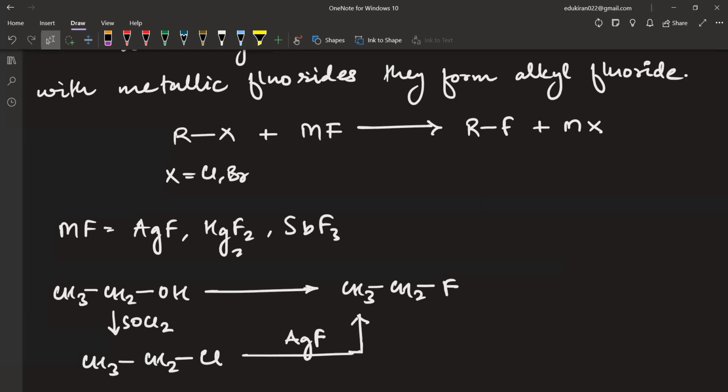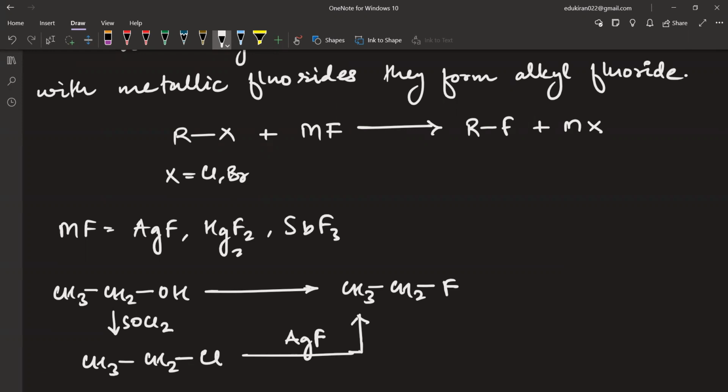Generally alkyl fluorides and iodides are made using the halogen exchange method. The other methods are not very efficient in that sense. First of all, we convert whatever substrate we have, such as here we have alcohol, and treat it with thionyl chloride to get pure chloroalkane, and then we treat it with AgF or Hg2F2 in order to get fluoroalkane.